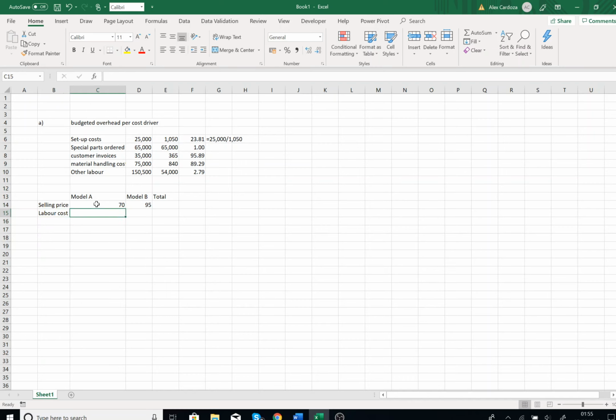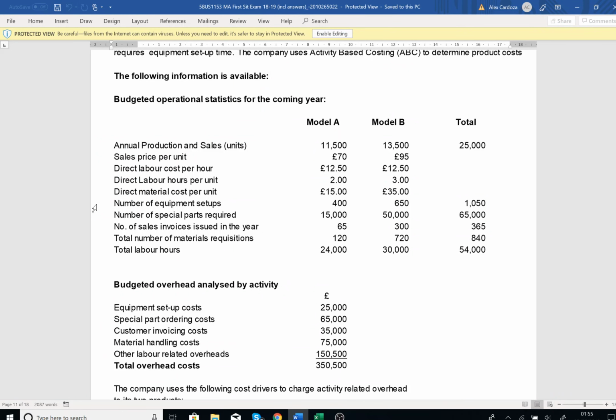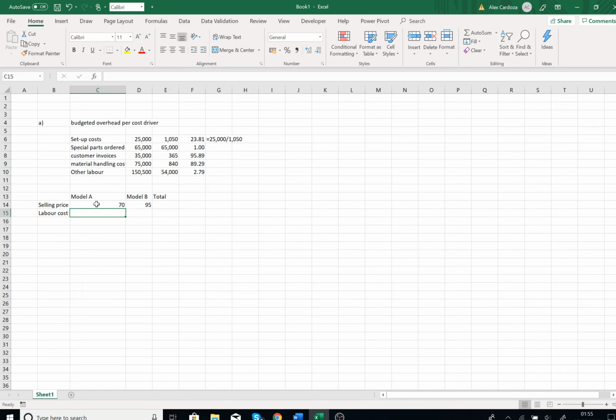When you write it out in the assignment, you've got to be careful here: it's £12.50 times 2. So you'll do equals £12.50 times 2, but you will show that in the workings. So you'll do something like model A equals £12.50 times 2, and then model B equals £12.50 times 3, okay?